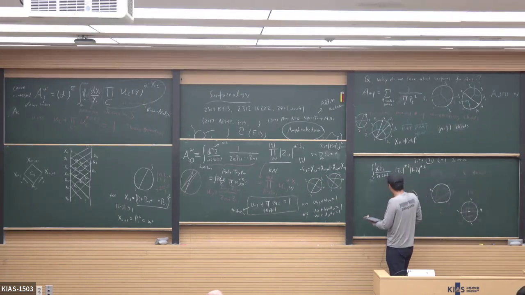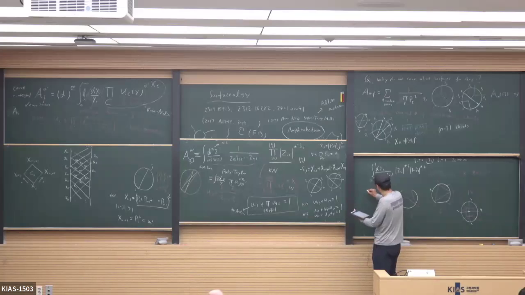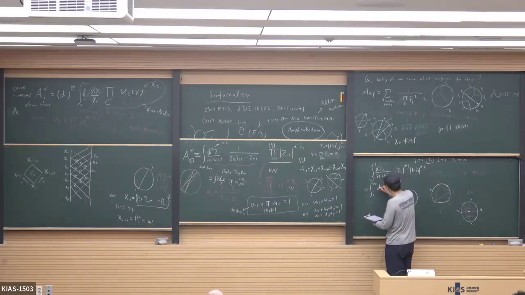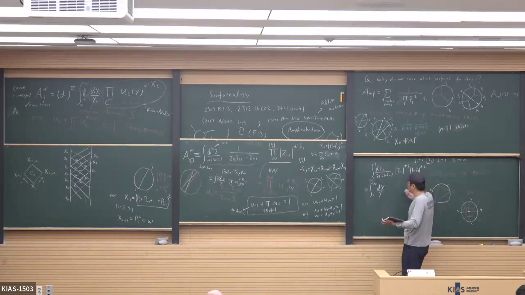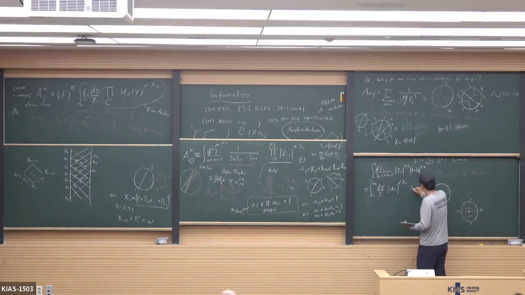So in this case, it's particularly simple. I did a change of variable which makes this form look like dy over y. And now I have two U variables, U13 to the alpha prime x13, which is s, and U24 to the alpha prime x24.